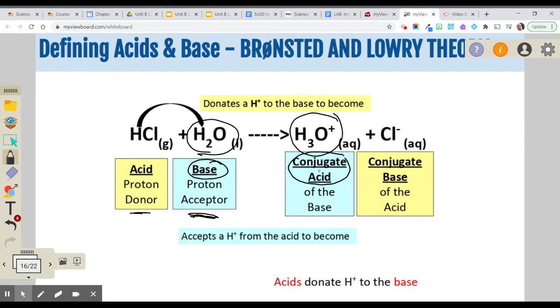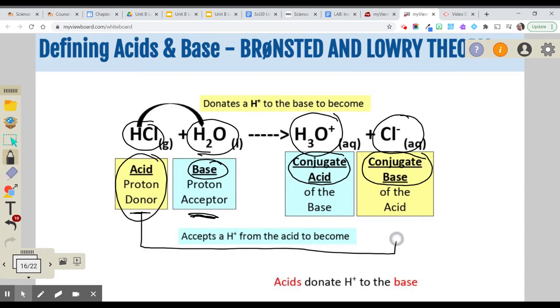Okay, so it's our conjugate acid. For the acid, the hydrochloric acid, when it donates the hydrogen, it's left with just the chloride ion. And this is called our conjugate base of the acid. Okay, so we have acid, conjugate base, base, conjugate acid.